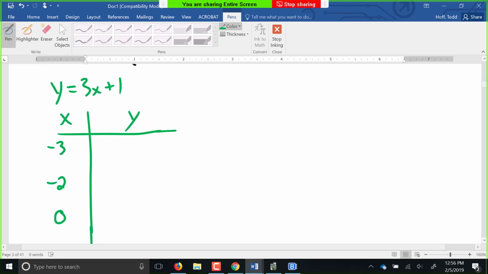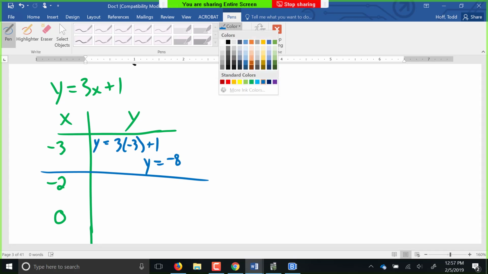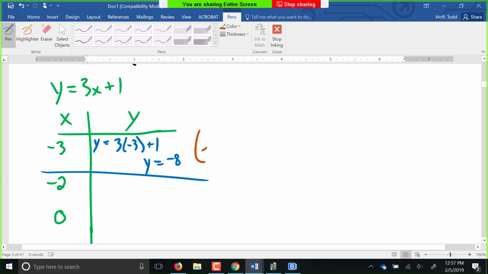So if I come up here, if x equals negative 3, y equals 3 times x, that becomes 3 times negative 3 plus 1. Well, what's that end up being? Negative 8. 3 times negative 3 is negative 9, plus 1 is negative 8. Giving us the ordered pair, x is negative 3, when y is negative 8.